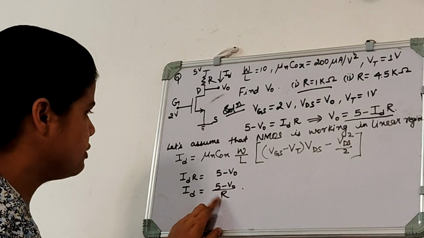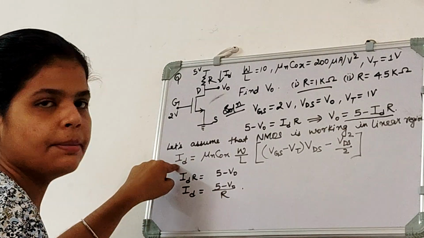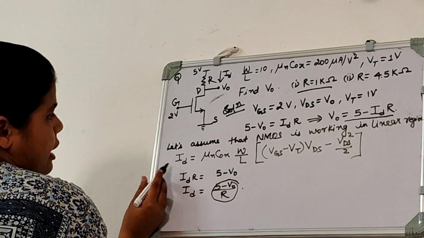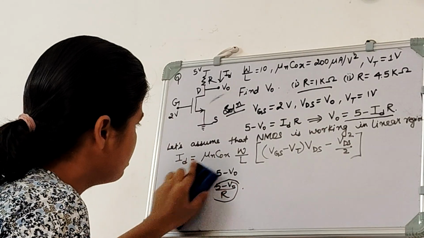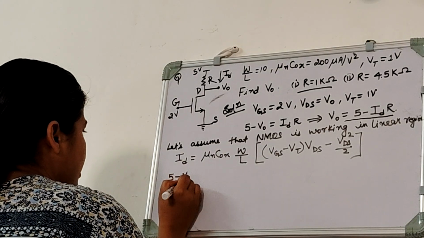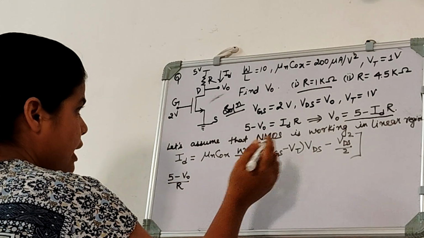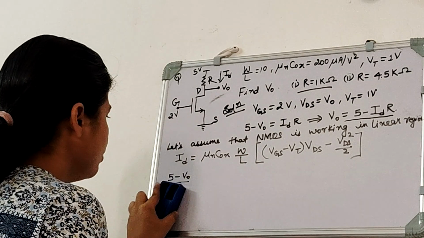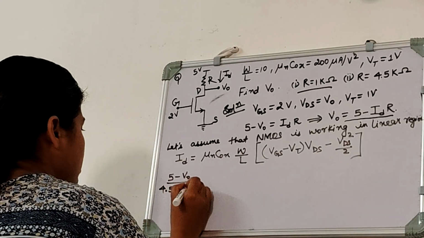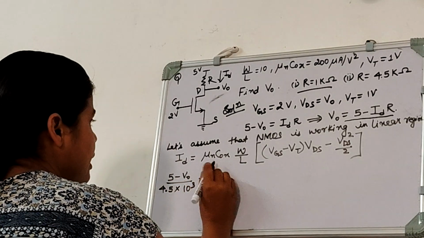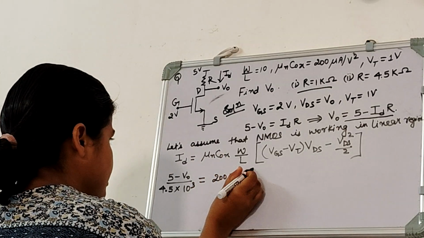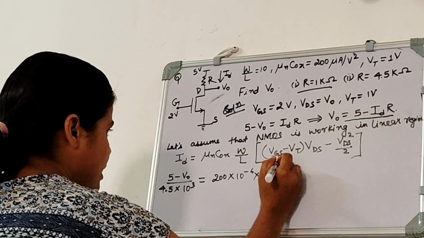So we will use this value of ID here. So we will put this (5 minus V naught) upon R in the LHS, and we know that R is 4.5 into 10 raised to power 3, so we will write that also. And in place of mu n COX we will write 200 into 10 raised to power minus 6, and in place of W by L we will write 10.